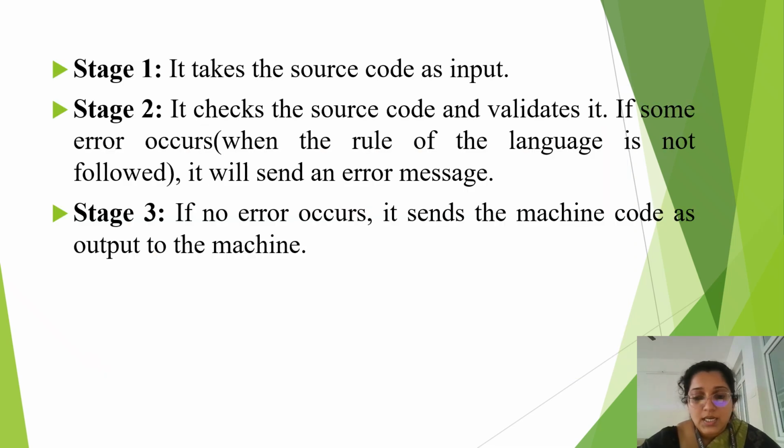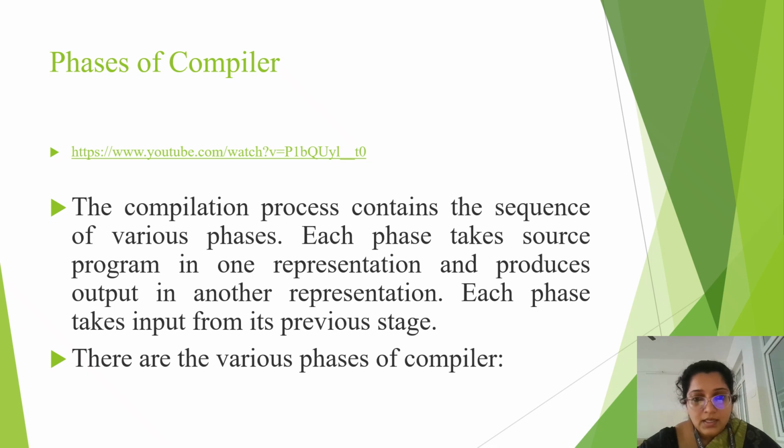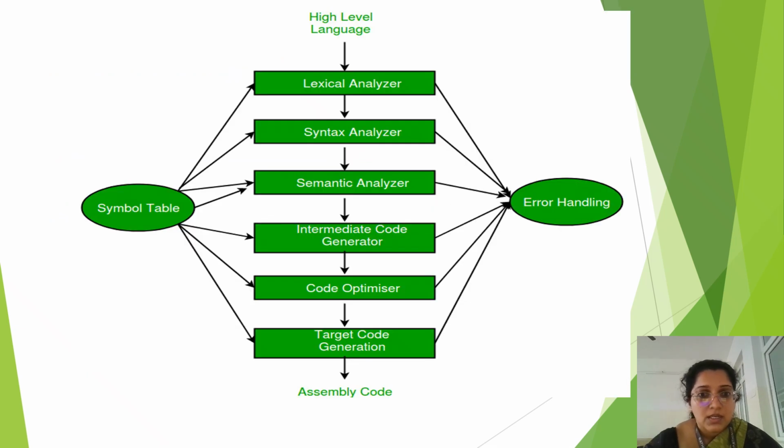The first stage is that the source code is taken, checked, and validated. If there is an error, it will show the errors and go back to the source code.